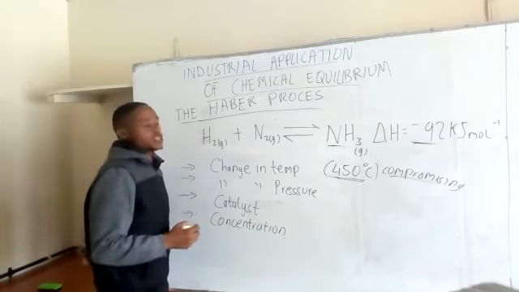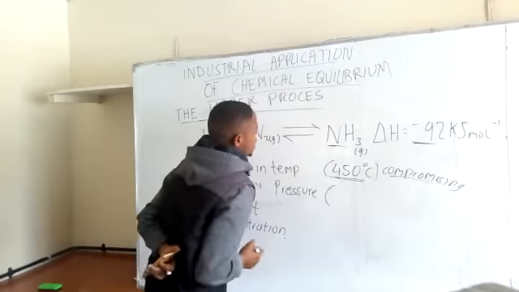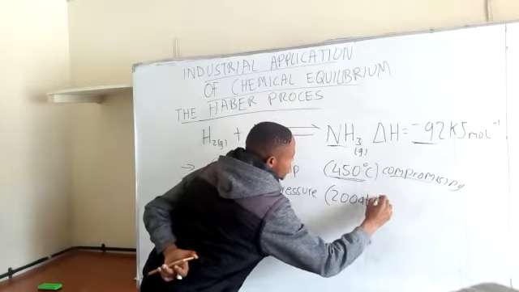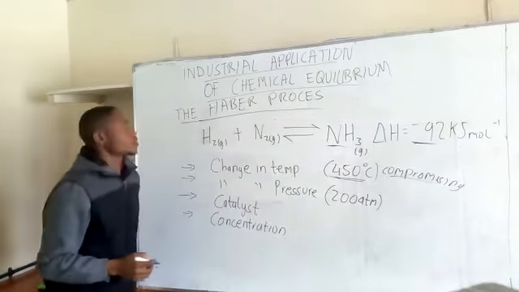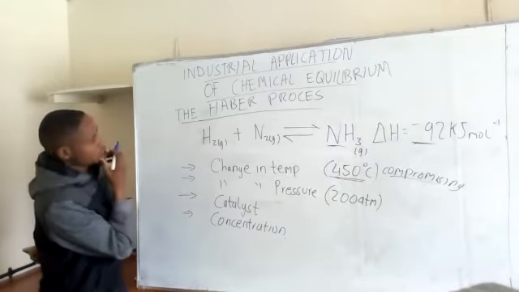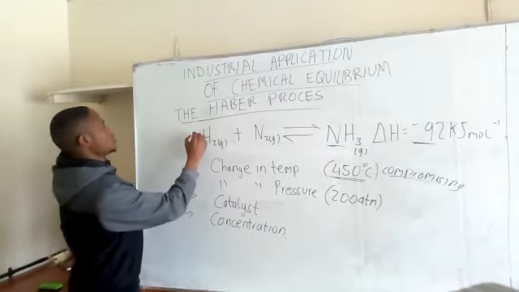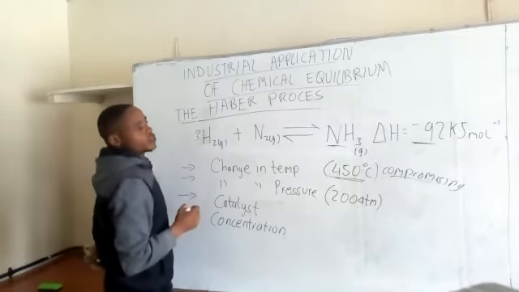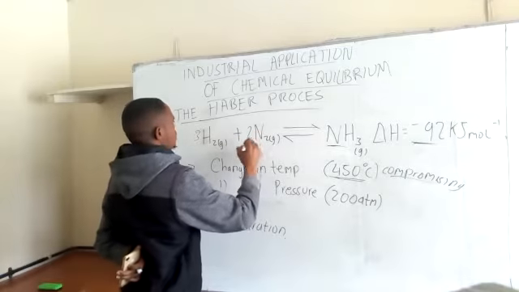Next, we're going to look at the pressure. The optimum pressure used in the Haber process is 200 atmospheres. As you can see, my equation is not balanced, sorry. This should be 3, and here we have 2.